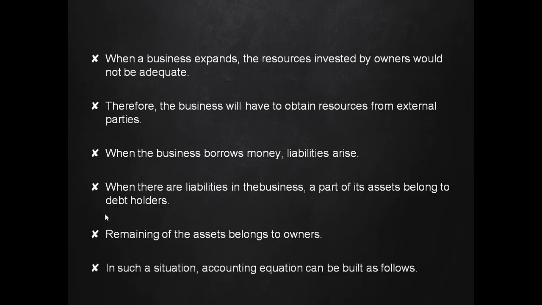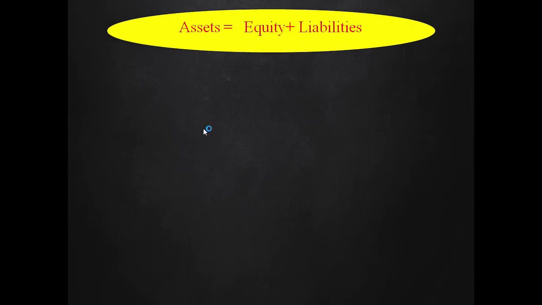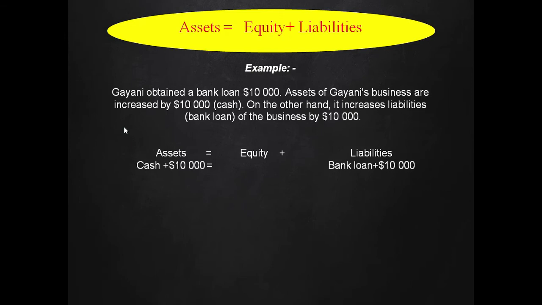In such a situation, the accounting equation can be built as follows. Assets equal equity plus liabilities. For example, Gayani obtained a bank loan of $10,000. Right?